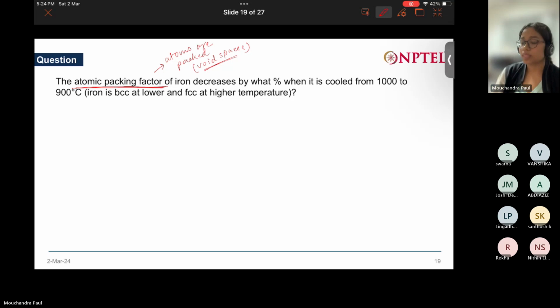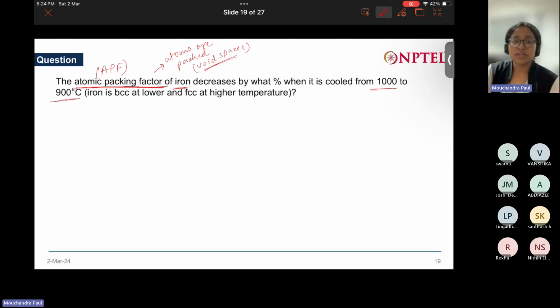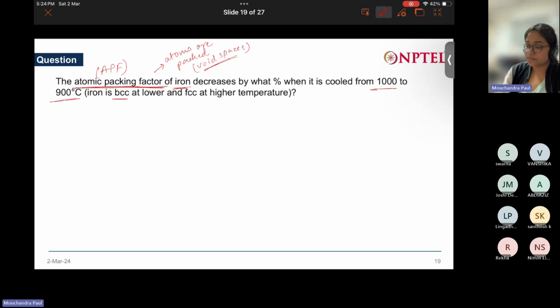So you have to determine the decrease in atomic packing factor, or in short APF, of iron when it is cooled from 1000 to 900 degrees Celsius. Simple. Now it is given to you that iron has a unit cell of BCC type at a lower temperature, whereas FCC unit cell is there at a higher temperature.